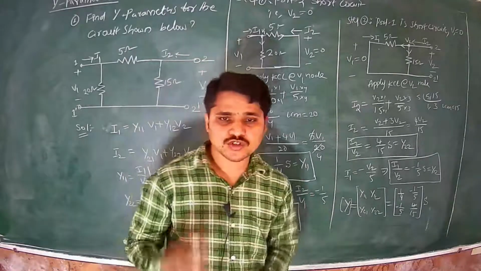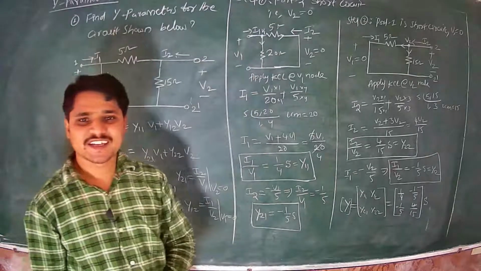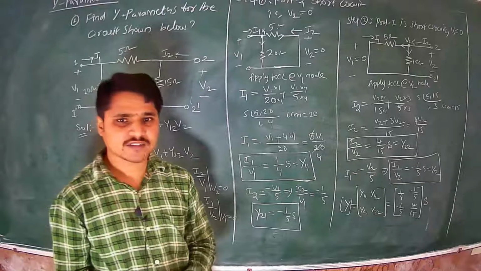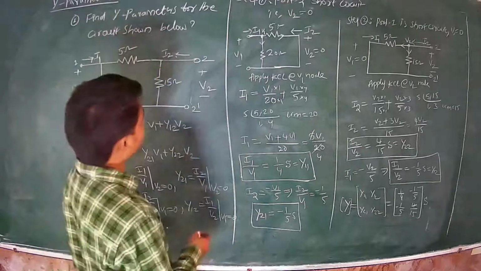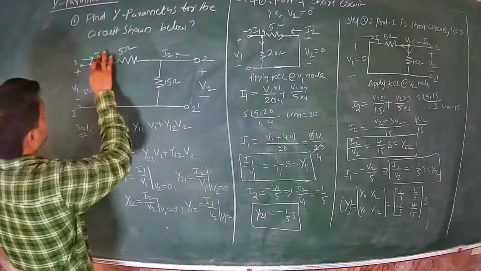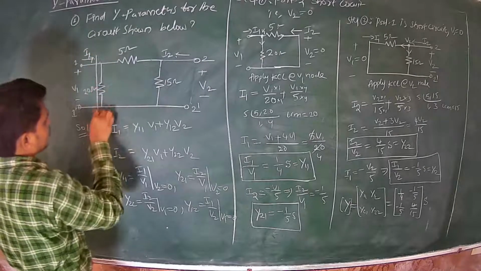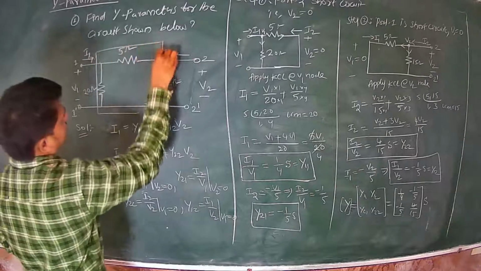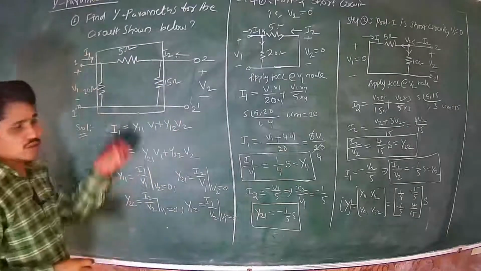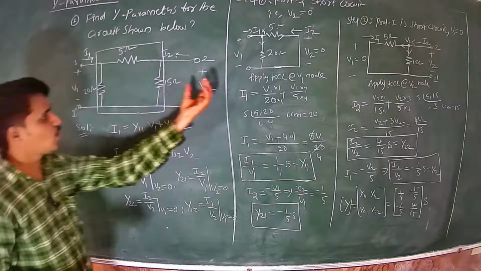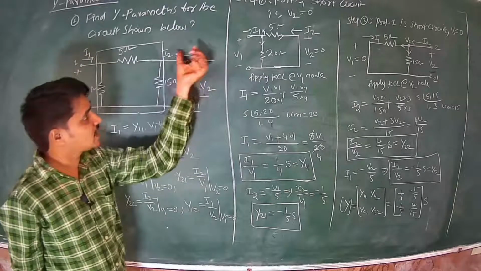So this is the procedure to find the Y parameters for any given network. Whatever the circuit is, it is like one box. We assume that for port 1 the voltage is V1 and current is I1, and for port 2 the voltage is V2 and current is I2.